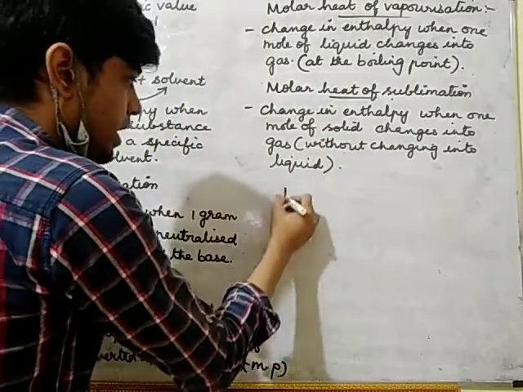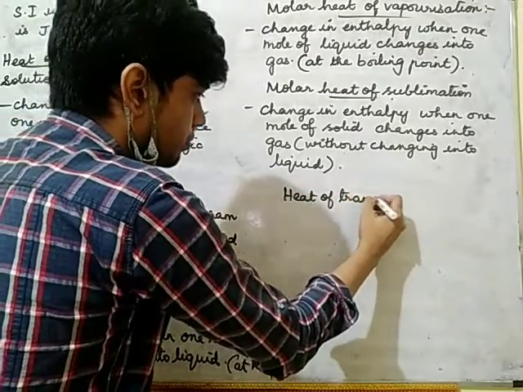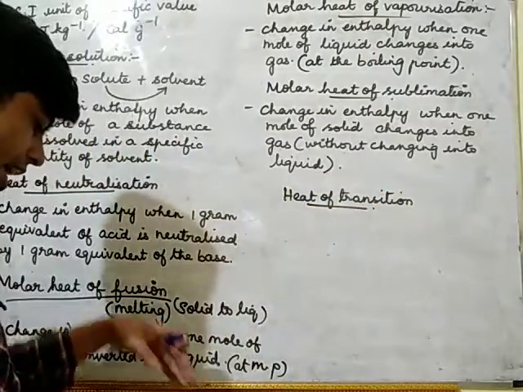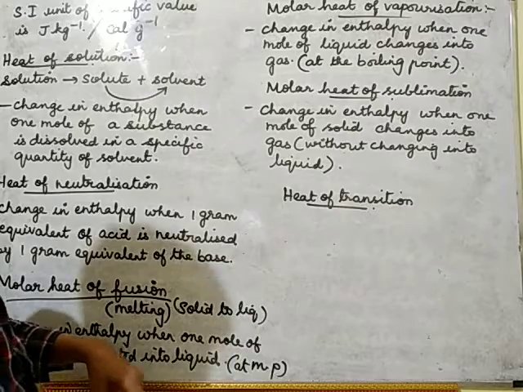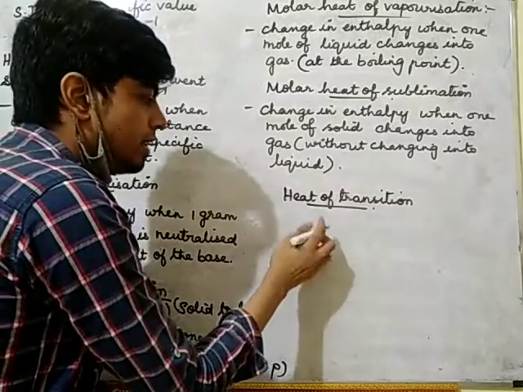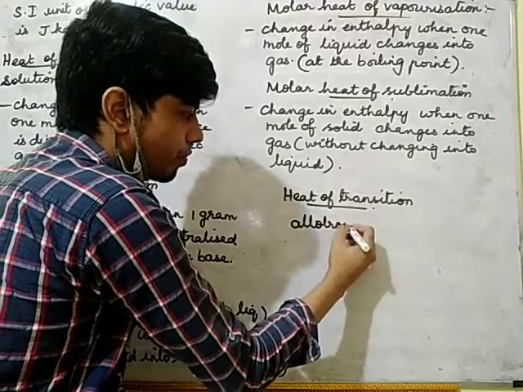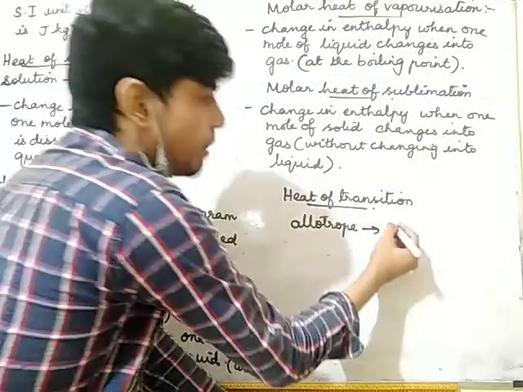Okay, next one, heat of transition. Transition means, in the 10th standard you would have studied about allotropes. What are the allotropes of carbon?